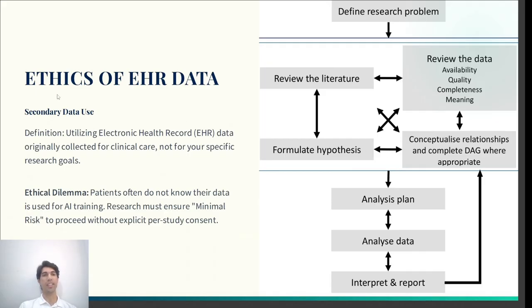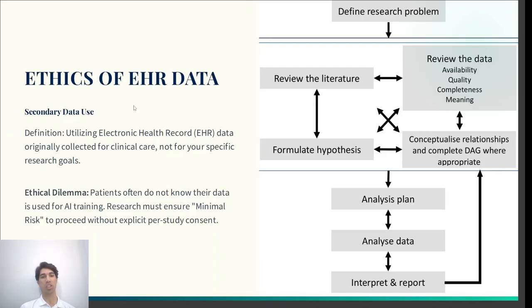And then the ethics of EHR data. The data that we use for research purposes is called secondary data use, which is basically utilizing electronic health record data that was not collected for our research goals, but was originally collected for clinical care. Because of that, an ethical dilemma appears, because patients often do not know their data is used for AI training.